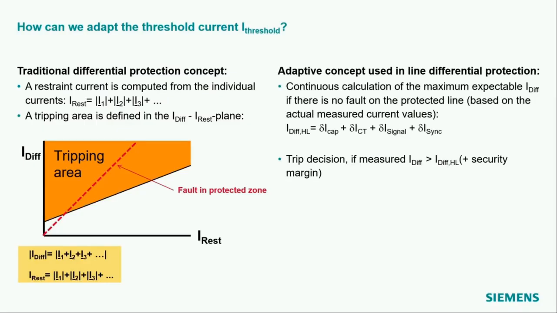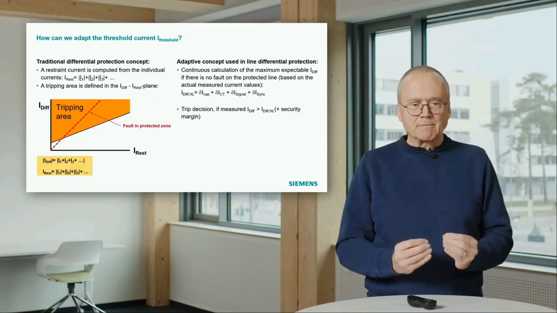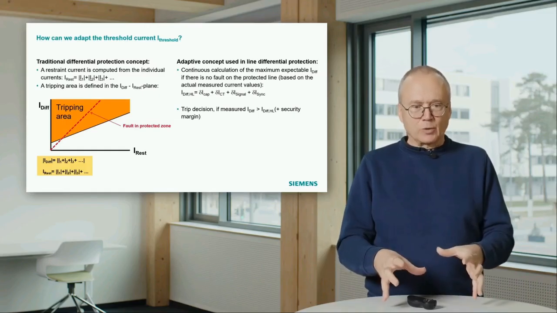This approach is an adaptive concept. It goes again back to the original idea. The question is, what can be the maximum differential current in a certain operating state for a healthy line? That means in this concept, the protection relay permanently measures all the currents and then estimates in which operating state we actually are.